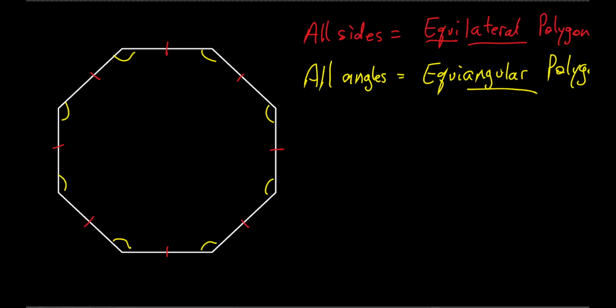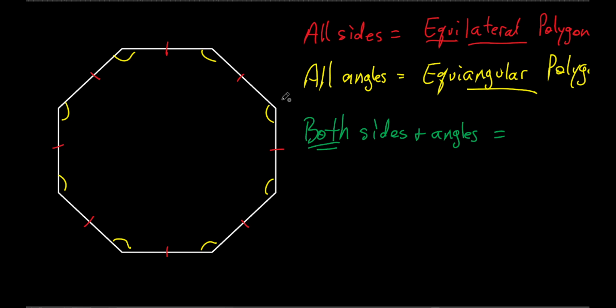Now, what if we combined it? We'll go green. Doesn't red and yellow make green when you mix them together? Yeah, so I'll do it in green. So what if you knew that both the sides and the angles are equal?